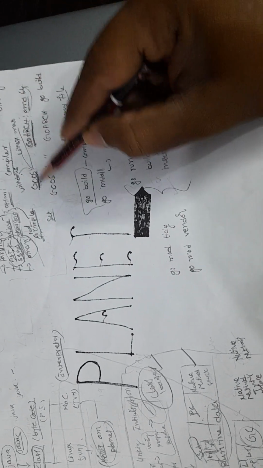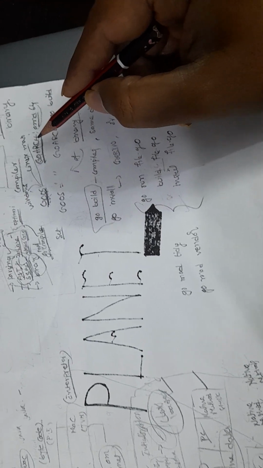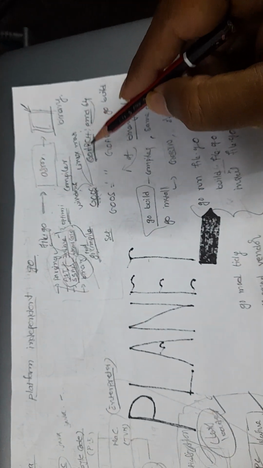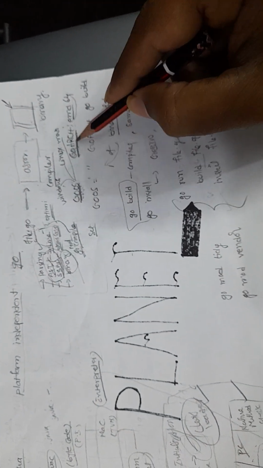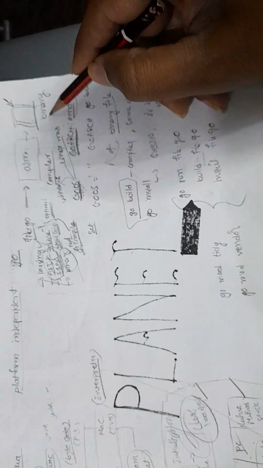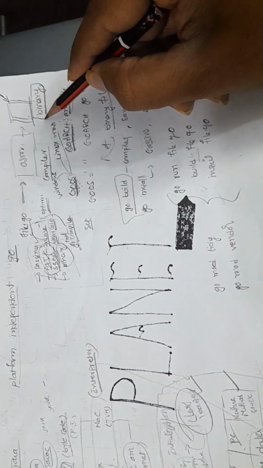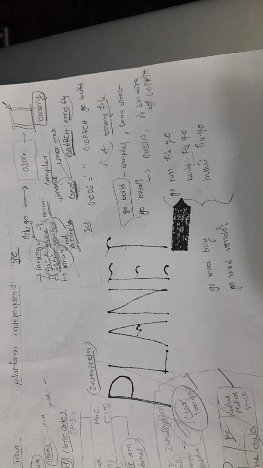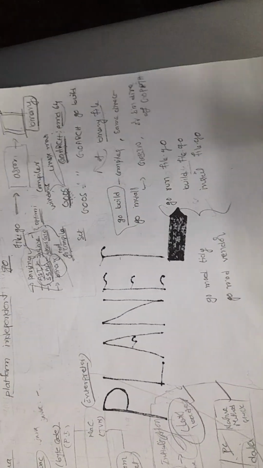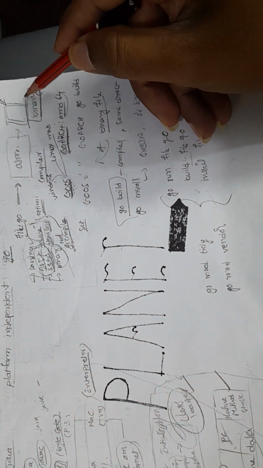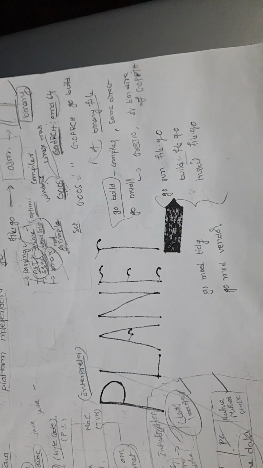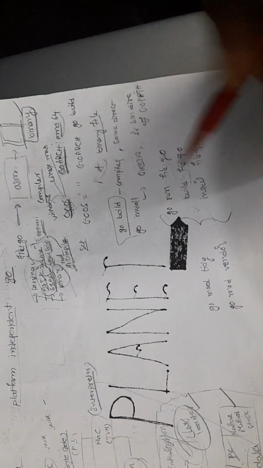There are sets of combinations of GOOS and GOARCH. Using these you can generate a binary file specific to the operating system, and you can directly execute that on the operating system.